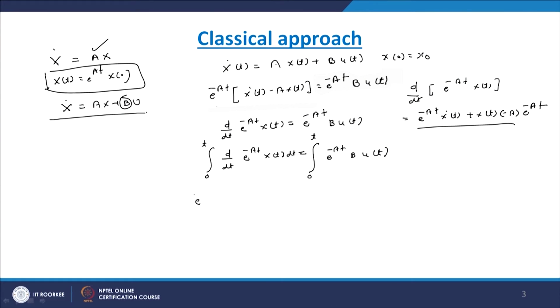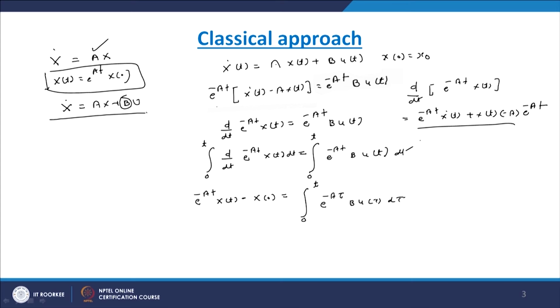That means this equation can be written as e raised to minus At x of t minus x of 0 equal to the integral from 0 to t of e raised to minus A tau B u of tau d tau.